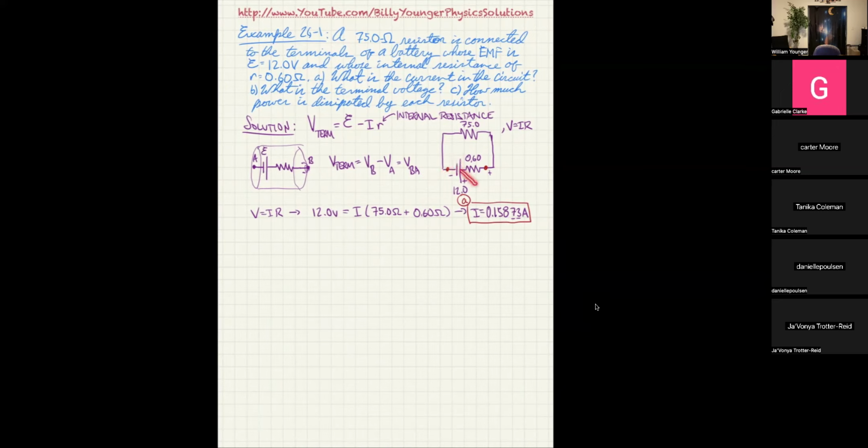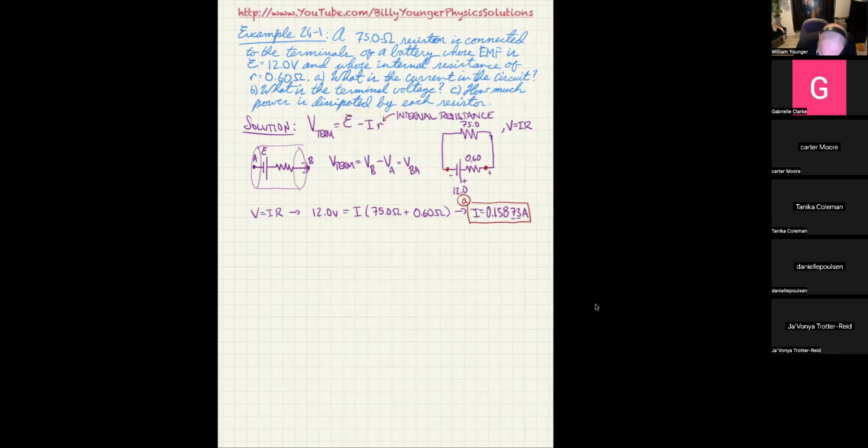So right here, if I put a little bubble, it would be 12 volts right there. Now, this right here is going to be a drop of the current times 0.6. So this one would be really the 12 minus I times R. Okay, so that's what my terminal voltage is, which, by the way, notice is exactly this formula here.